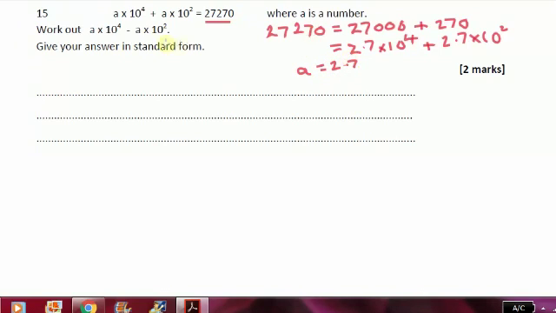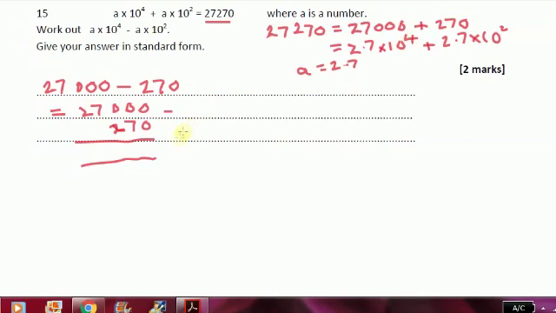But they don't ask us for A, they ask us to work out A times 10 to the power 4 minus A times 10 to the power 2, so all I have to do is subtract. So I have got 27,000, that's the first part, minus 270, that's the second part. Maybe I'll write it in column form, like that.